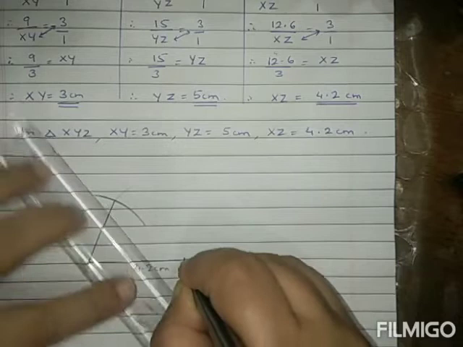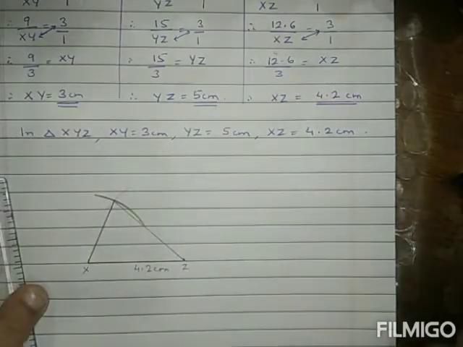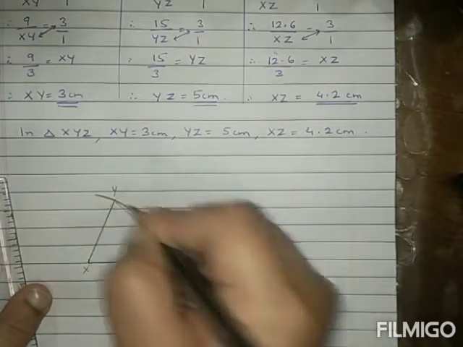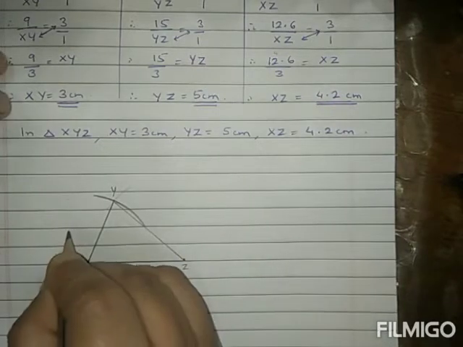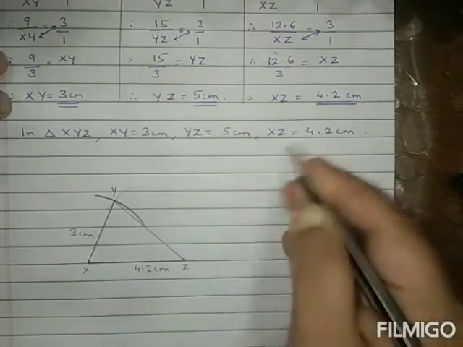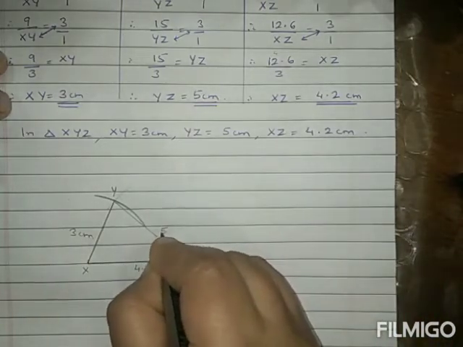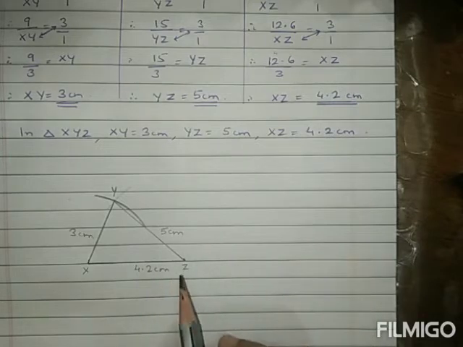Join it. What you get is the required triangle, which is X, Y, Z. Write down the measurements of XY as 3 centimeters and XZ as 4.2 centimeters. YZ is 5 centimeters. So this is the required triangle.